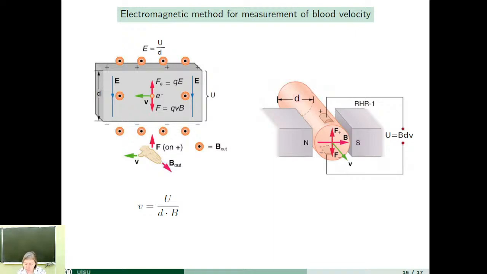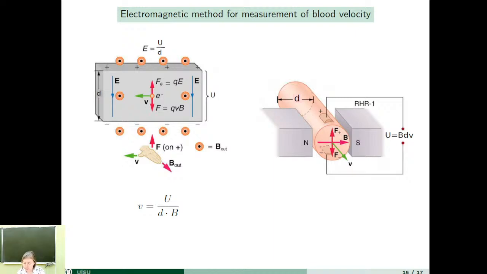There are a lot of methods for measurement of blood velocity in vessels of the blood circulation system. One of them is based on the action of a magnetic field on movable charges. Blood contains a considerable quantity of electric charges: iron, sodium, and chlorine ions.